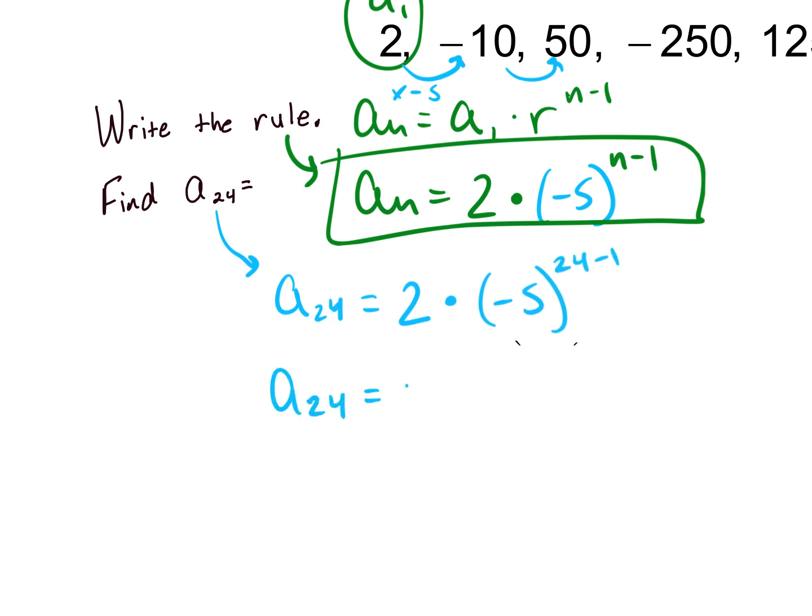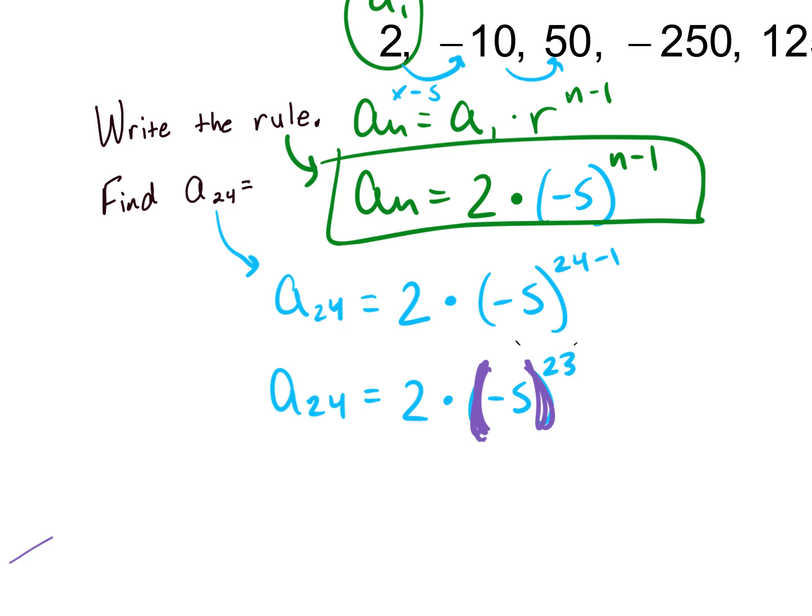So our 24th term is 2 times -5 to the power of 23. So I'm going to put -5 in parentheses. If you put it in your calculator, don't forget to put it in parentheses. So parentheses -5 to the power of 23.